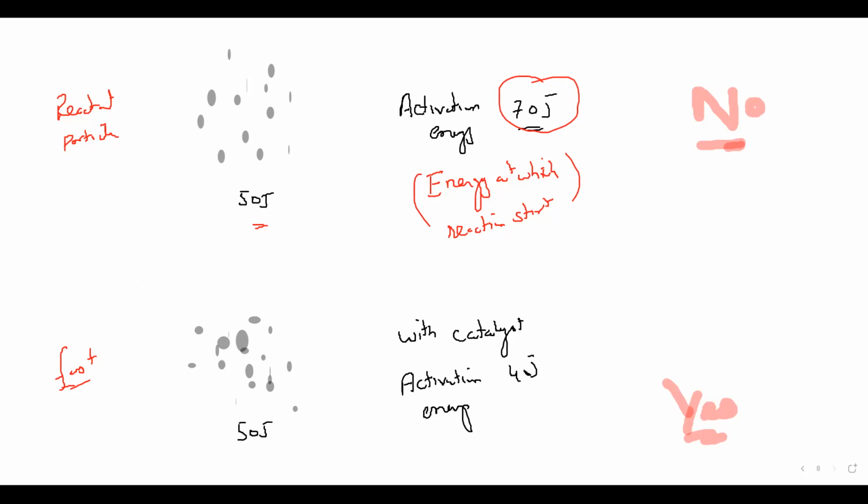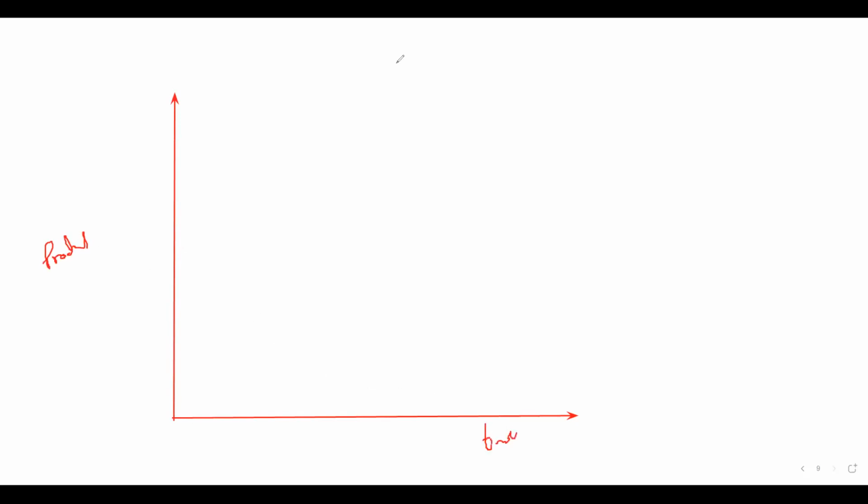So when we sketch a graph for the amount of the product and time, these are the two graphs.